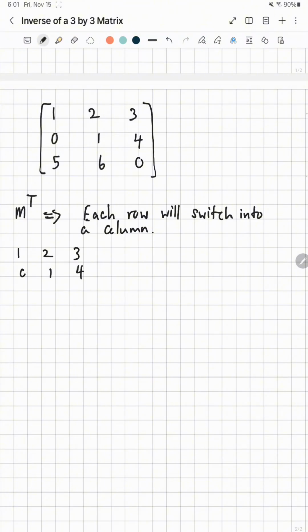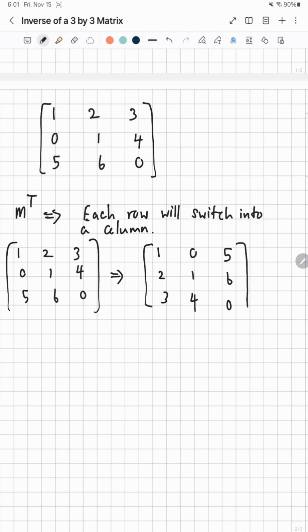I'm going to write the original matrix down again. You can see, I just switched it now. The first row, 1, 2, 3 goes to a column. 0, 1, 4 becomes a column. 5, 6, 0 becomes a column. It's like rotating each row by 90 degrees. Okay, so that's your matrix transpose.